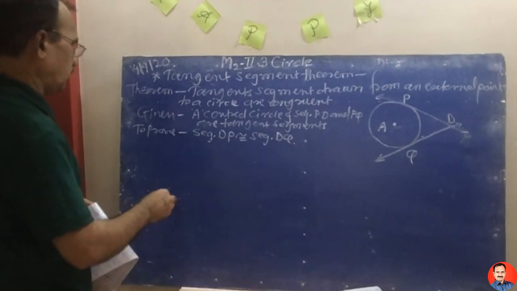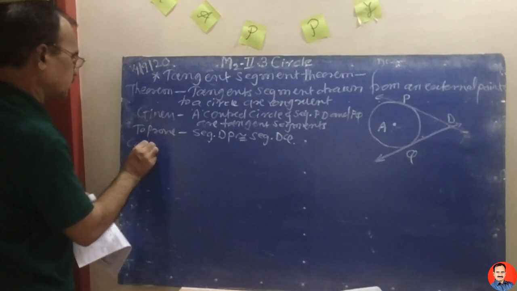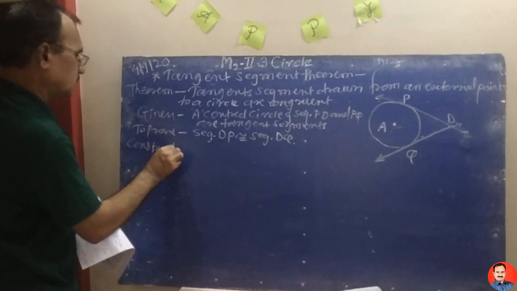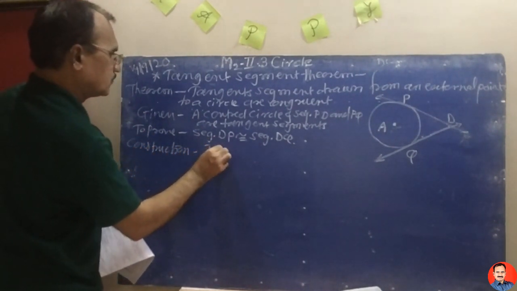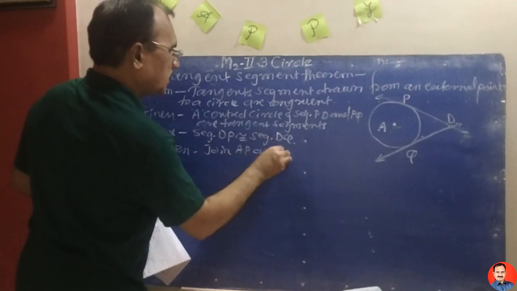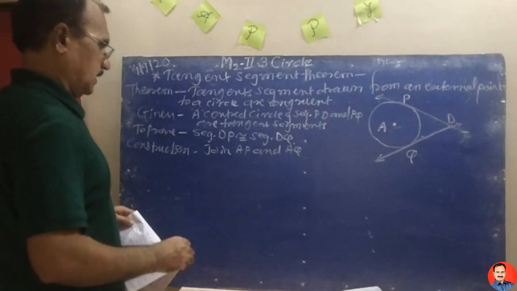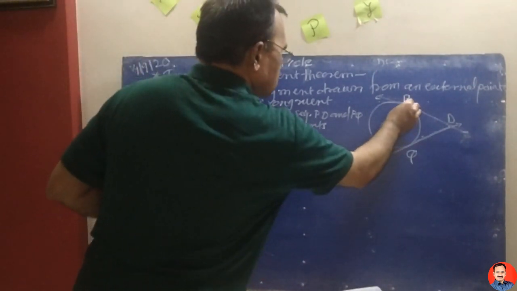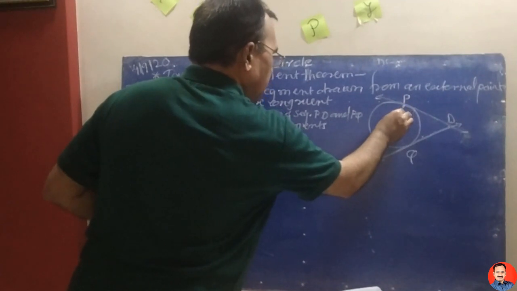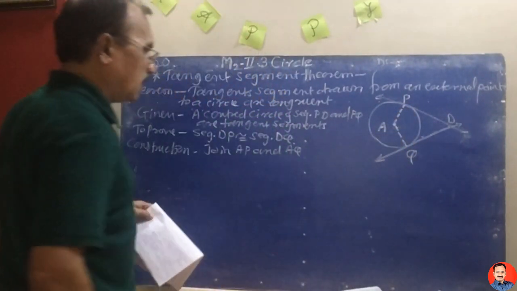For this purpose, how can we prove it? Construction is necessary here. Join AP and AQ. If there is some construction, draw it with a dotted line, not a continuous line.